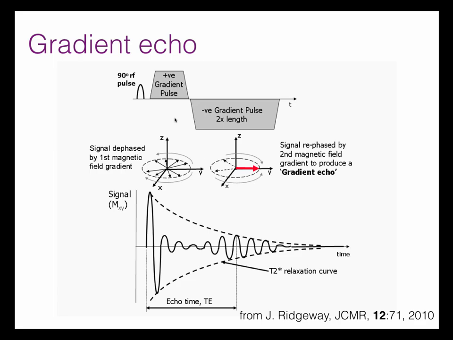So when the gradient areas match, the spins initially become dephased and your signal dies away, and then when you reverse the gradient, it comes back together and you form this gradient echo signal, which is around about here. That will turn out to be quite useful later on.